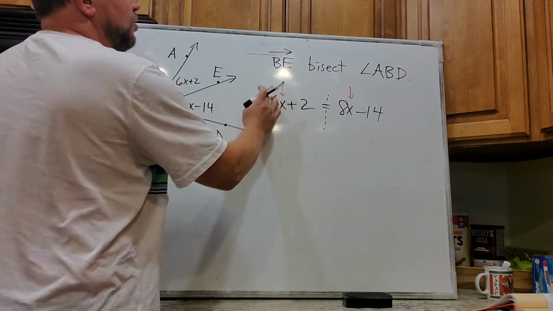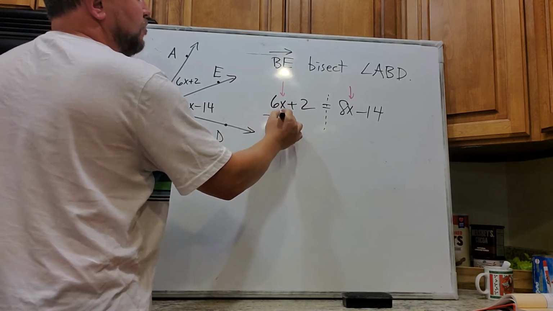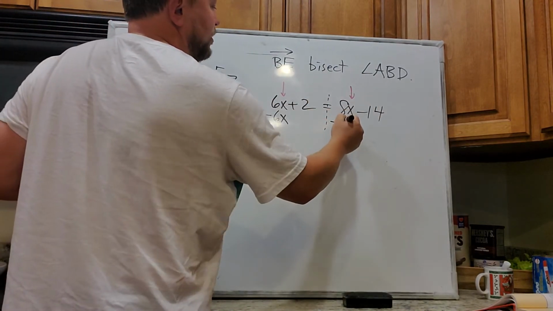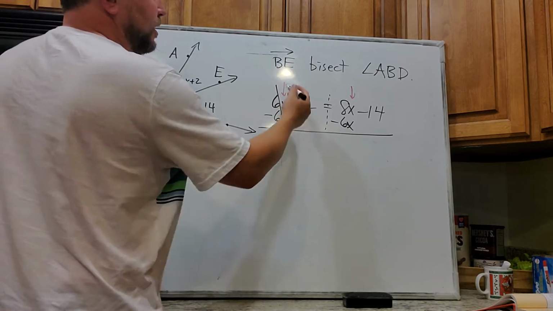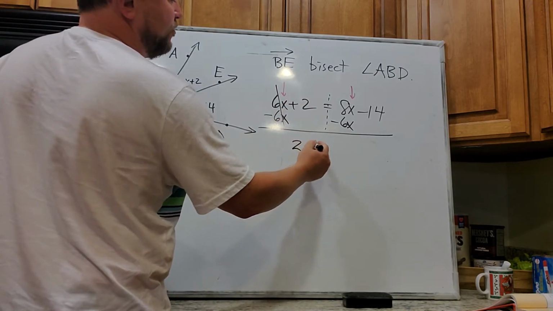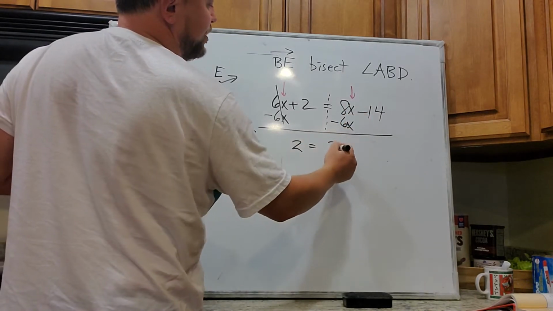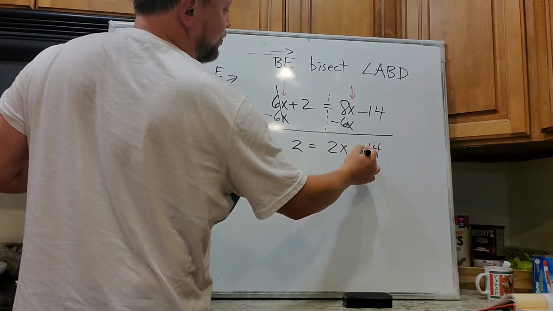The 6x is being added, so I get rid of it by subtracting 6x. Whatever you do to one side, you've got to do to the other. So this will be gone and you'll just have your 2 left. Bring down your equal sign. 8x minus 6x is 2x, and bring down the minus 14.